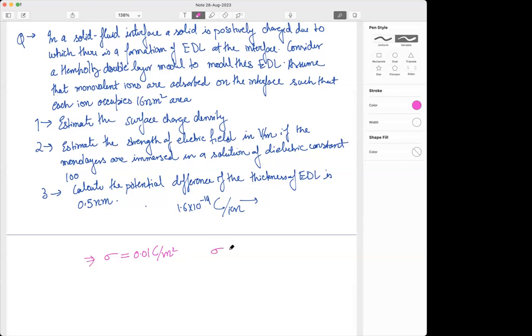It's simple, we just need to find sigma, which is the charge per ion divided by the area per ion, 16 nanometer square. So 1.6 into 10 to the minus 19 coulomb divided by 16 nanometer square becomes 0.01 coulomb per meter square.